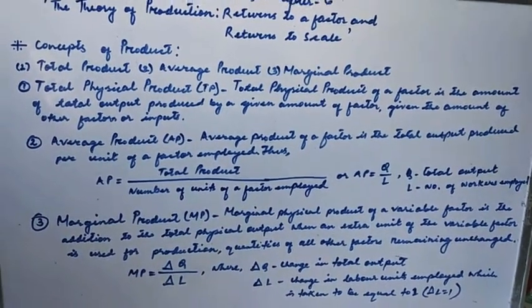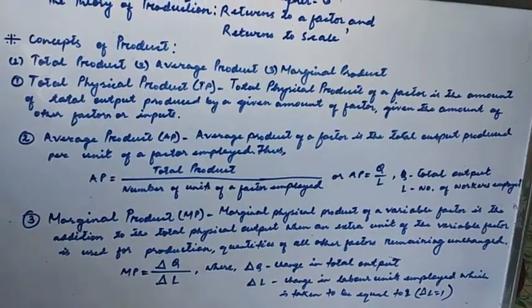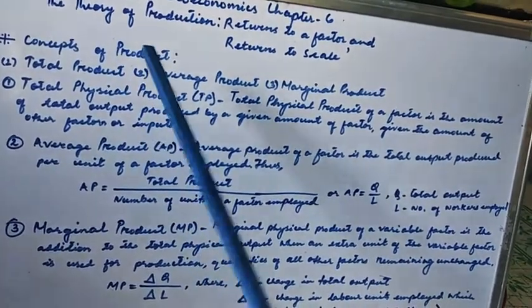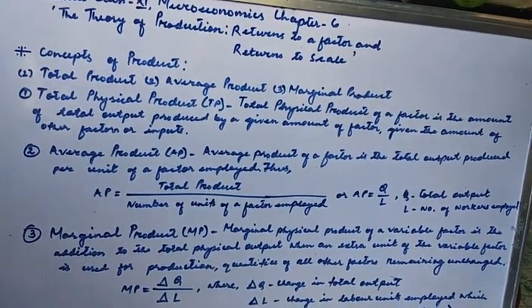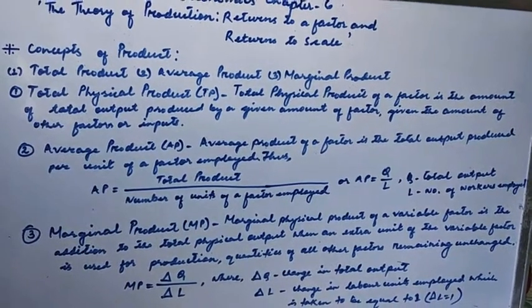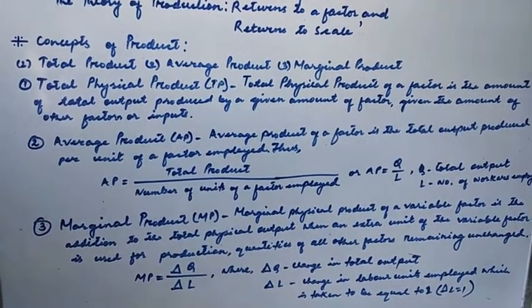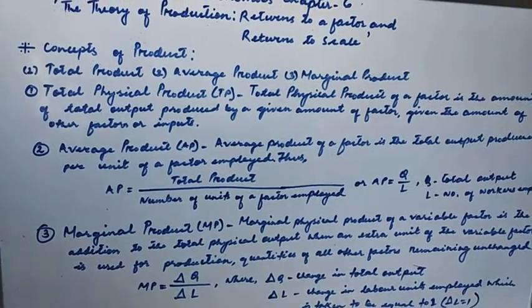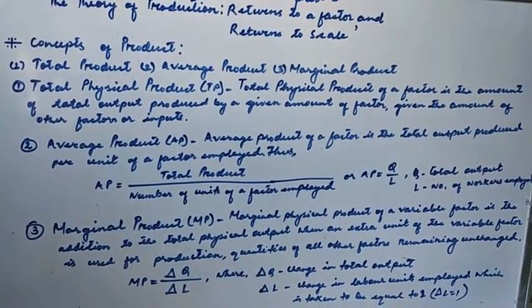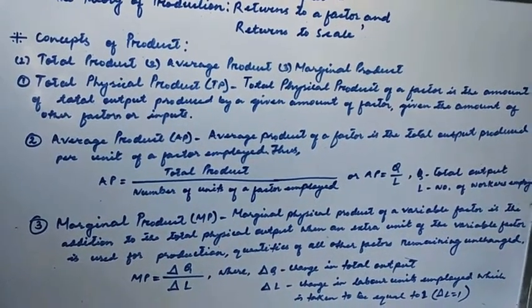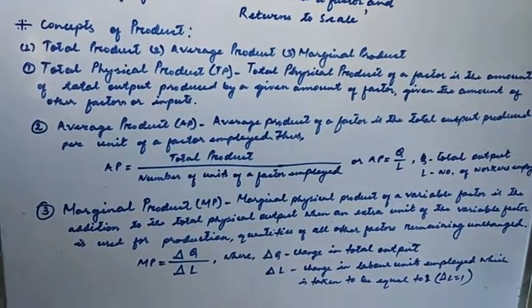Now let us see some of the concepts of a product. So in this concept of product, we have total product, average product, and then marginal product. So regarding this physical production by factors, these are the three concepts that we have to discuss.